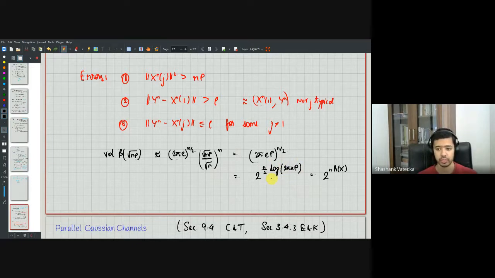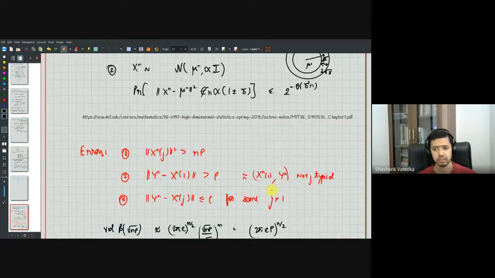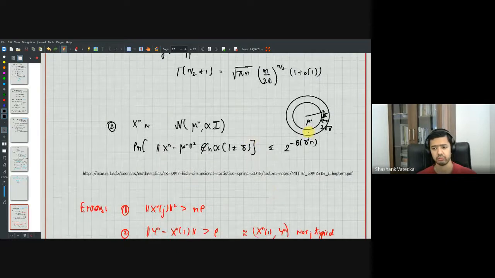And even if you take a Gaussian with variance p, the entropy will again be half log 2 pi e p. So for very large dimensions, a Gaussian is roughly uniformly distributed in a ball of radius roughly equal to the variance.